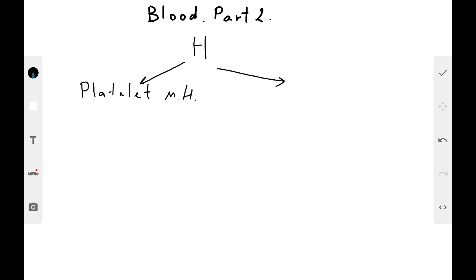And the second is called blood clotting. The difference between them may be explained, for example, by the lumen of the blood vessel that is damaged.